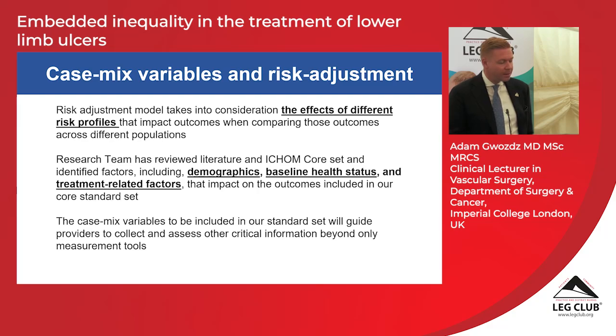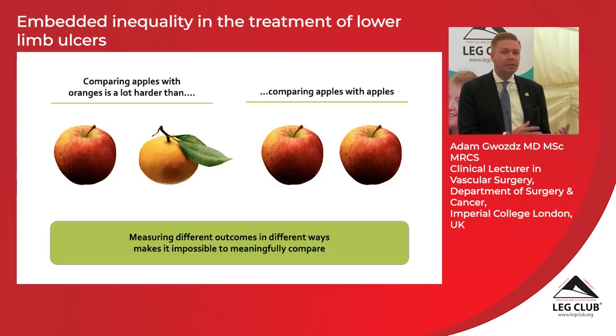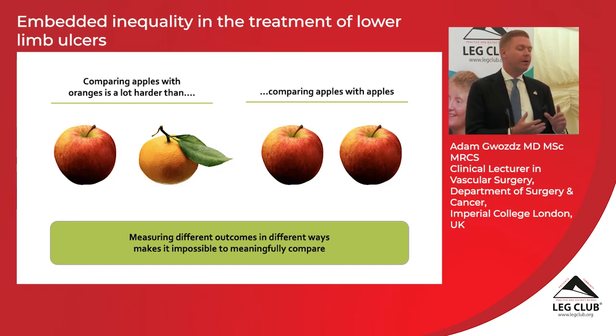And the other thing that I think is hugely important, and it ties back into the geographical variations, is that you need these case mix variables, which ensure that you can risk adjust your model to be very representative of different geographical areas. So, different areas are funded differently. The level of comorbidity is different in these groups.